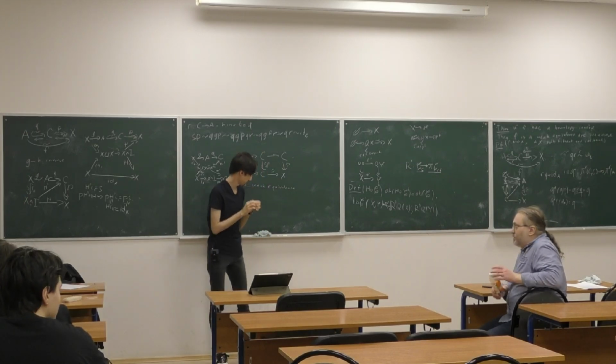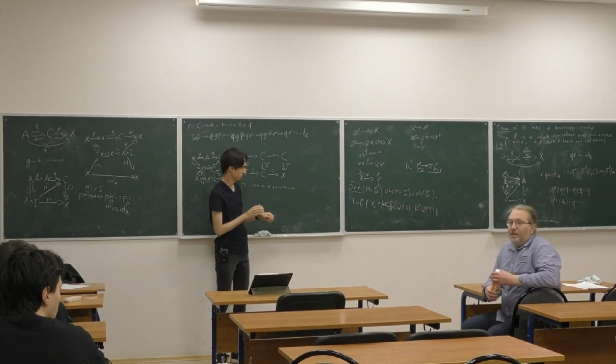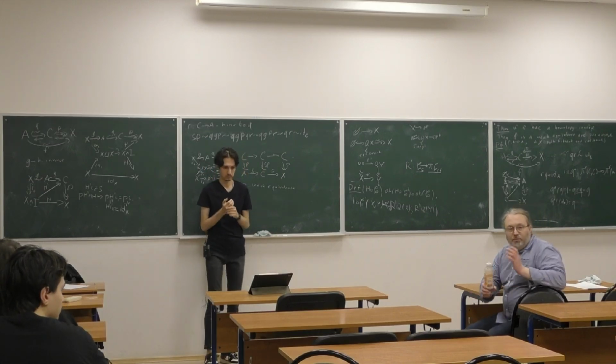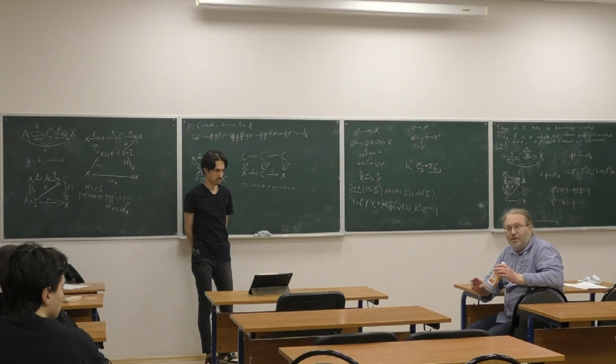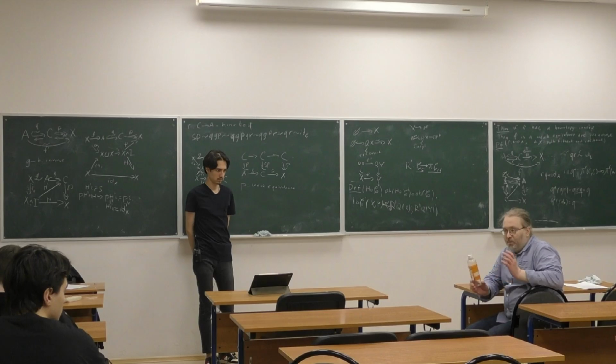Okay, so summarizing, if we localize a model category in weak equivalences, then the morphisms are relatively straightforward to describe. Suppose we have two objects, x and y. We take a cofibrant resolution of x and a fibrant resolution of y.